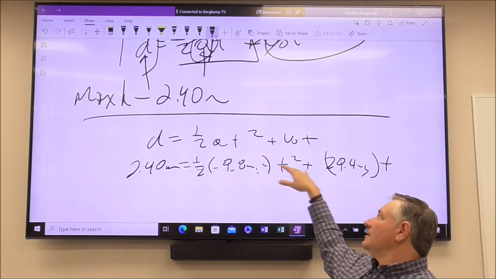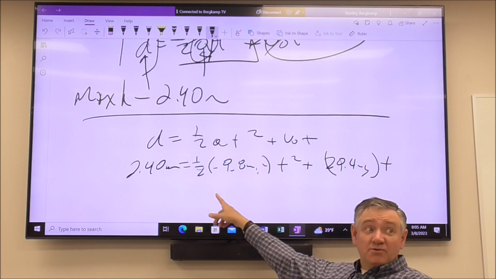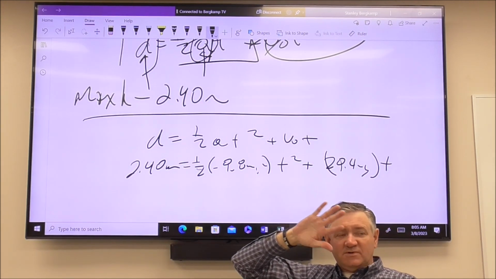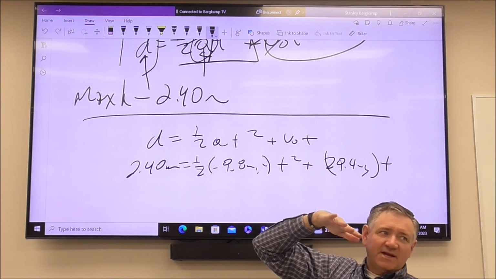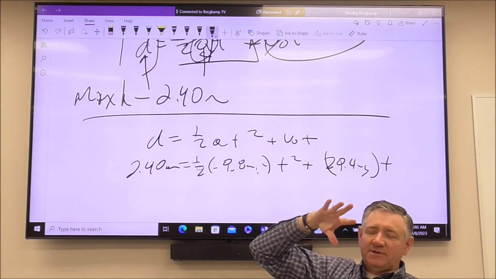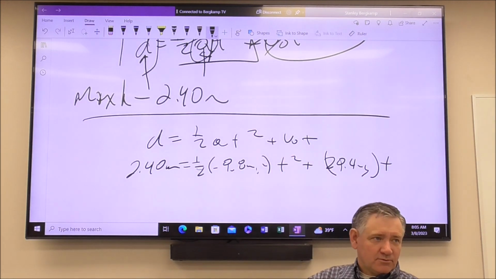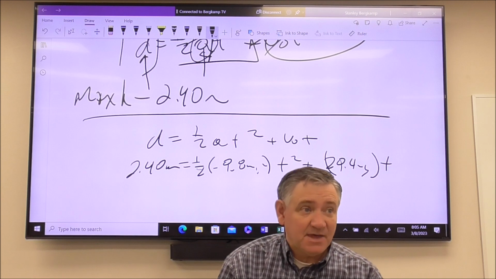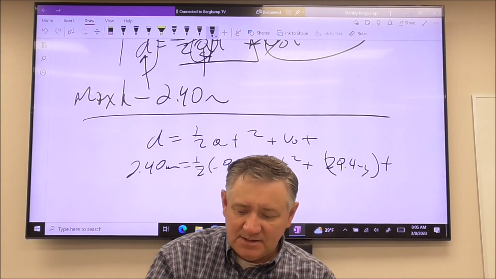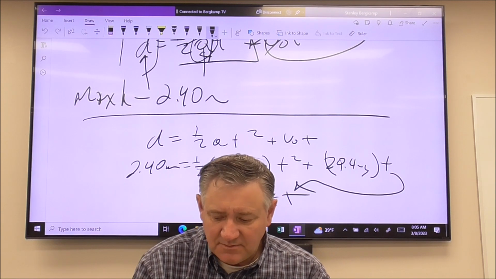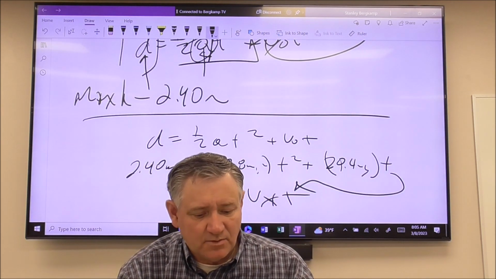You'd get two possible solutions. One number doesn't make any sense because it would be negative time, which would be really cool, but not going to happen. The positive time would be your root term. So you get the time that way, and then plug that into range equals Vx times time. So that's the other way that you can do it, is solve it as a quadratic.